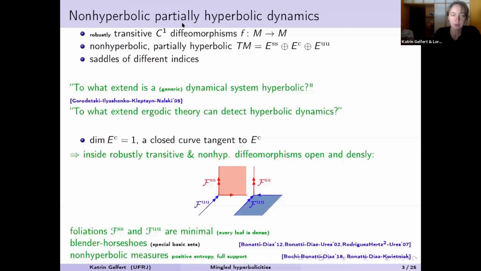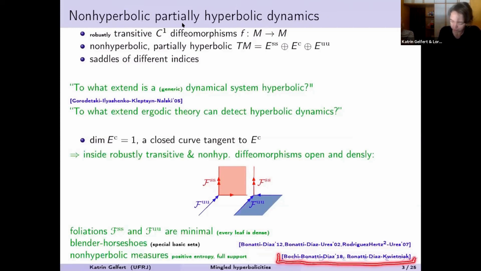And so here are some references which indicate these results. And in particular, they show that there do exist non-hyperbolic measures, meaning measures which have zero Lyapunov exponent, and they can even be shown with positive entropy and full support.